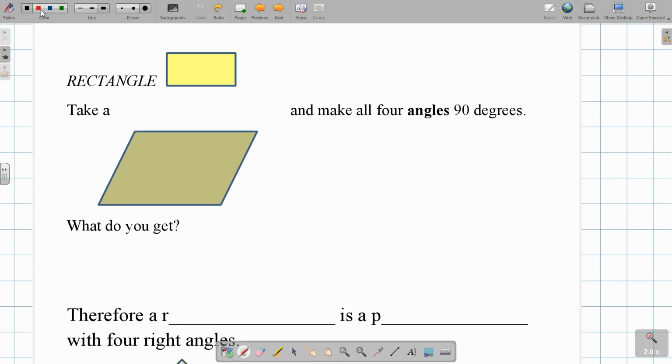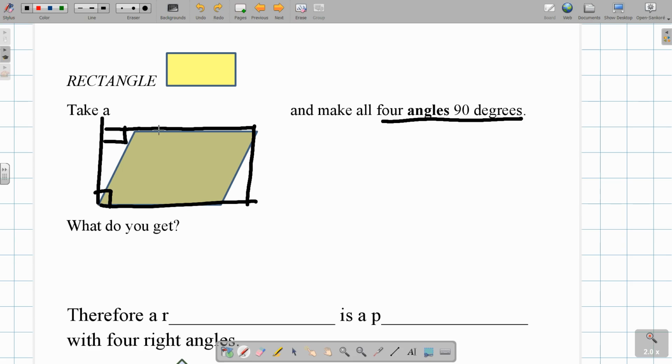You can see here, if you take a parallelogram with all the qualities of a parallelogram, and you simply make all four corner angles exactly 90 degrees, then you get a rectangle.